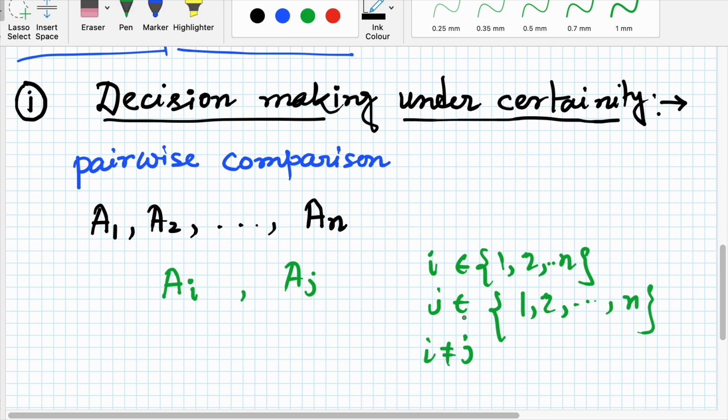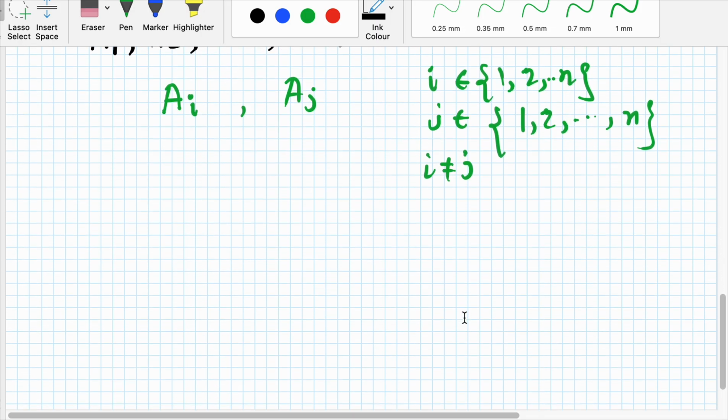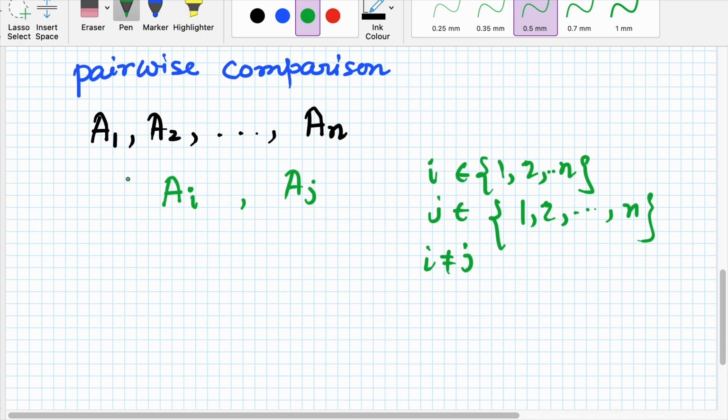That means I will present two different options, and I will see whether the subject prefers ai or aj.